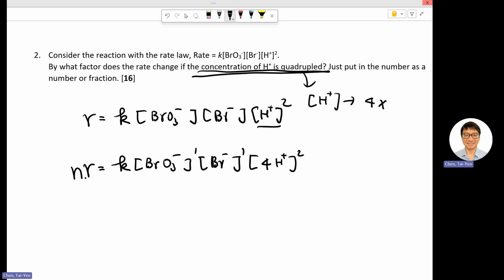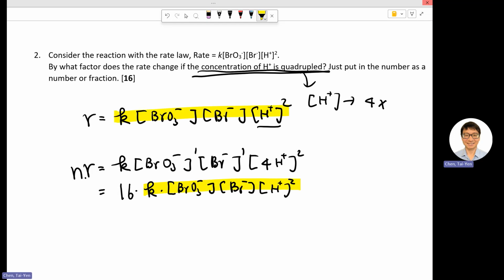By doing this, it will equal 16 times K times BrO3 minus times Br minus times H plus to the second power. And you still see that this whole term is the original rate. Therefore, the new rate will equal 16 times your original rate.